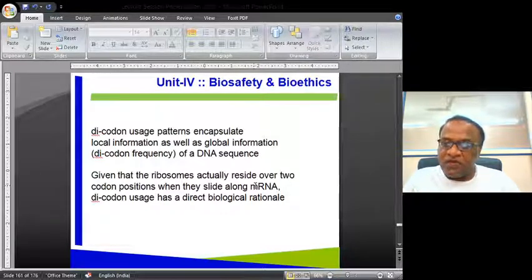So the frequency of these dicodons is used to predict the gene or understand the gene function. So this dicodon usage has a direct biological rationale. So that is what this MetaGene Annotator uses.